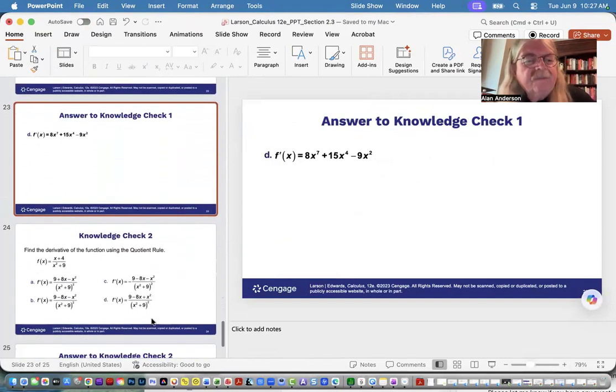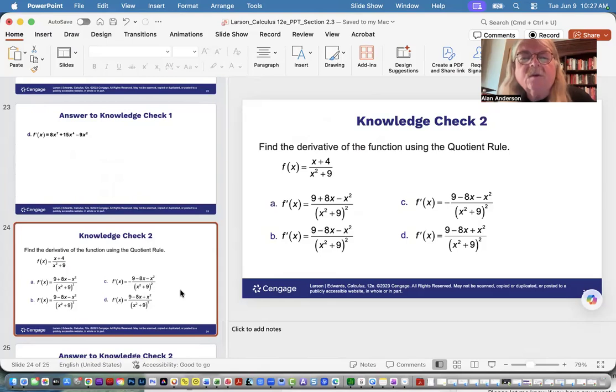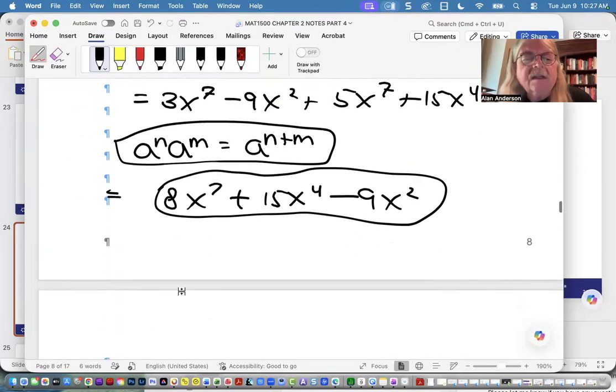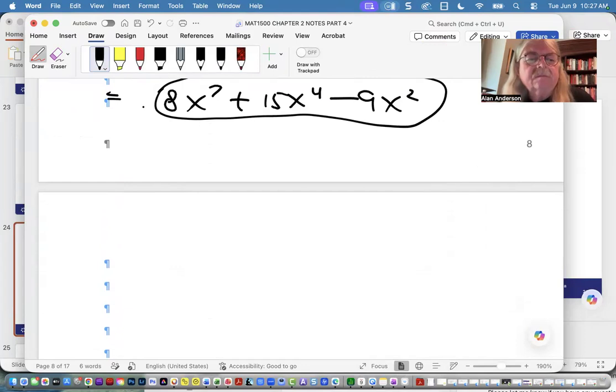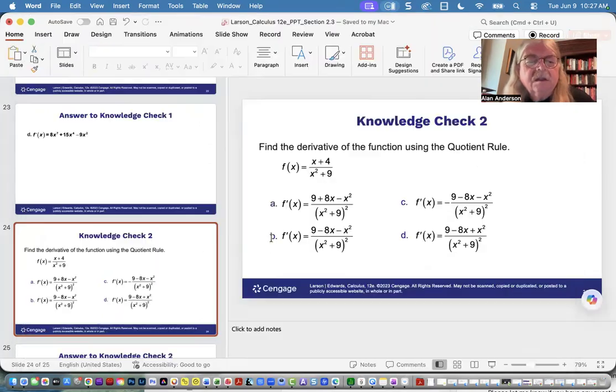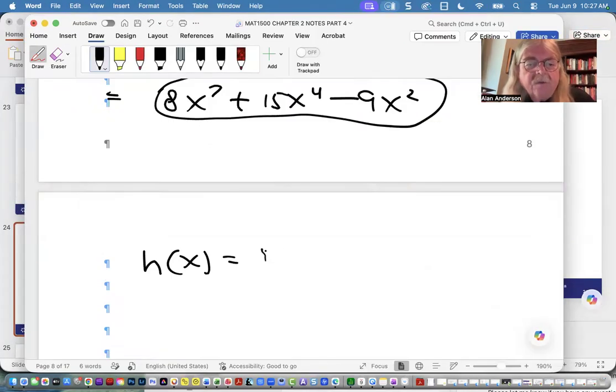All right. And then, of course, here's a quotient rule. I don't think we did this one. Let's try it now. Oh, and just to be on the safe side, let me call it h of x to avoid any confusion. X plus 4 over x squared plus 9. It makes no difference what letter we use.